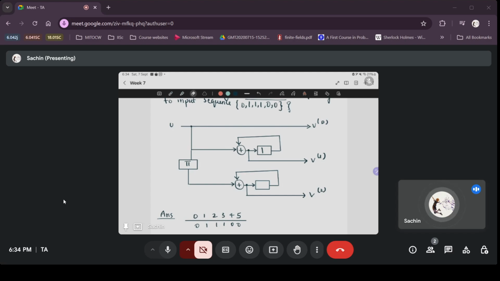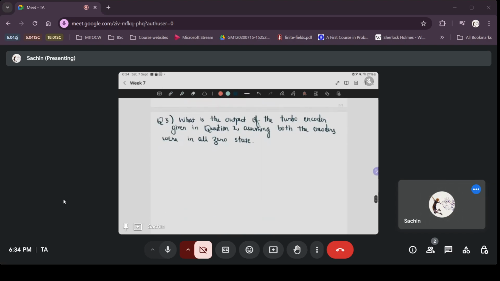And if you're in state 1 and your input is 1, your output is 1 XOR 1. 1 added to 1, 1 plus 1 is 2, which is 0. Next state is also 0. This can be captured in a state diagram, as if you are in state 0 or if you're in state 1, stay in that state.